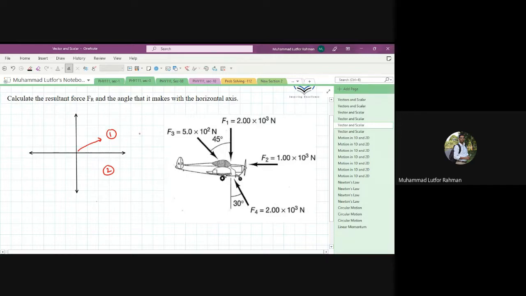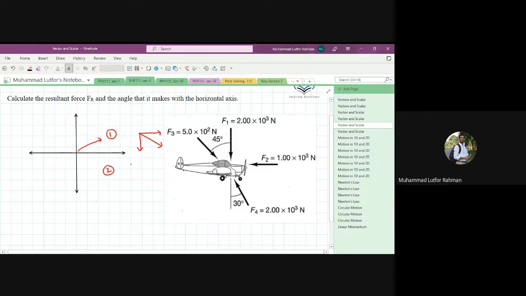One is vertically downward, the gravitational force pulling the plane towards the ground. Another force, provided by the engine of the plane, is acting in the forward direction. So the resultant force would be over here in the first quadrant.